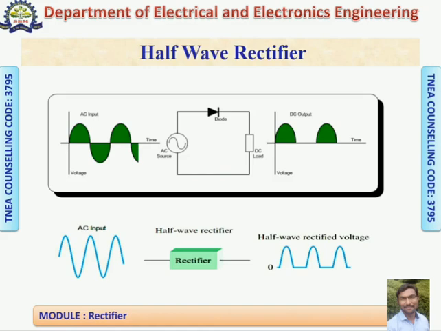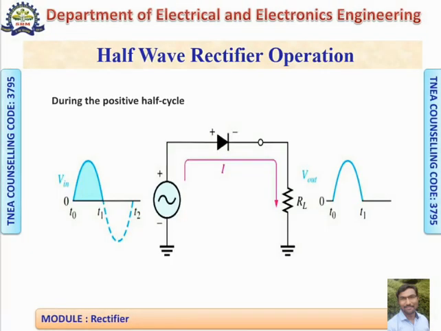The AC input waveform will have both positive and negative half cycles, as shown in the figure with time on the x-axis and voltage on the y-axis, while the DC output will have only positive half cycles.